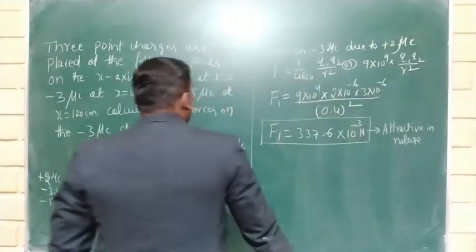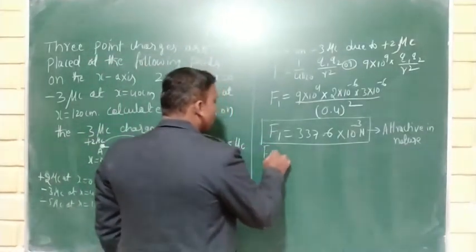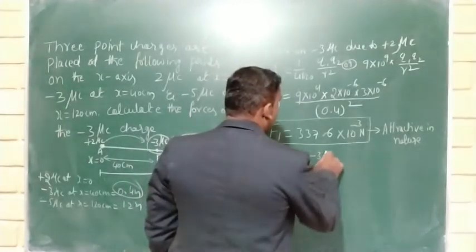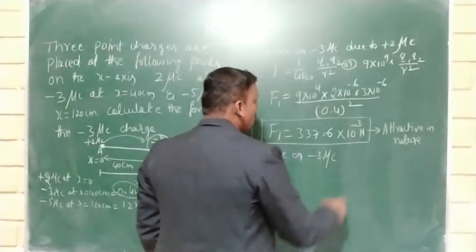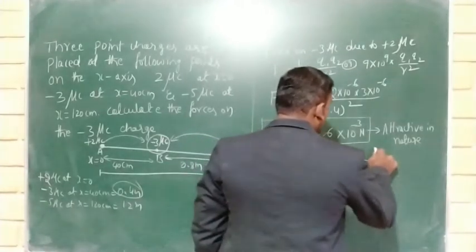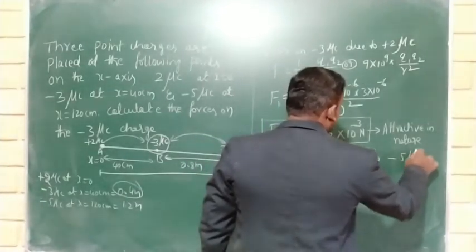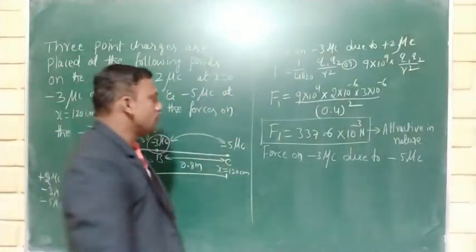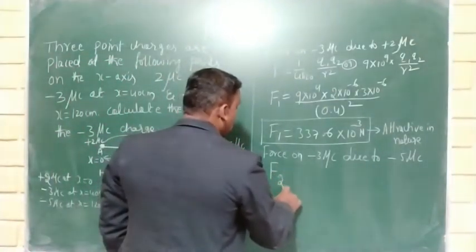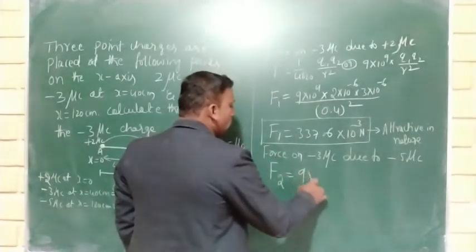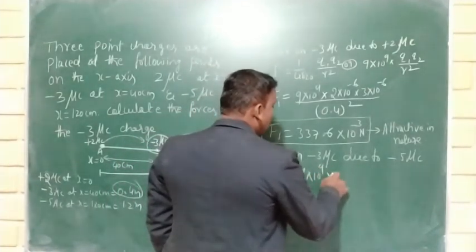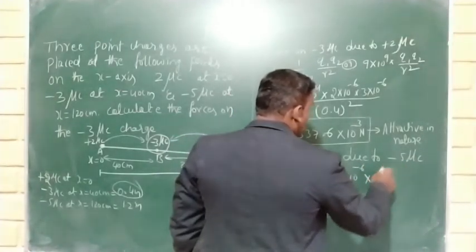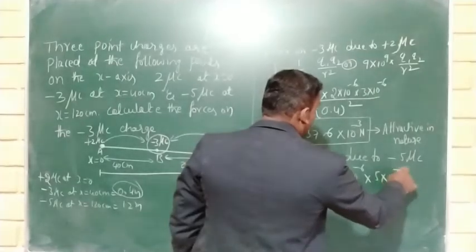Similarly, the force on the minus 3 microcoulomb charge due to the minus 5 microcoulomb charge. Therefore, F2 is equal to 9 into 10 to the power of 9 into 3 into 10 to the power of minus 6 into 5 into 10 to the power of minus 6.